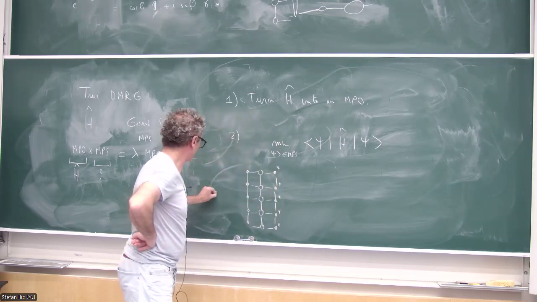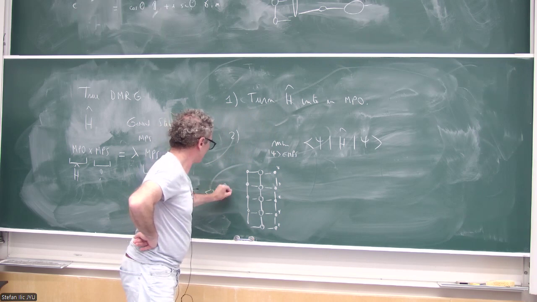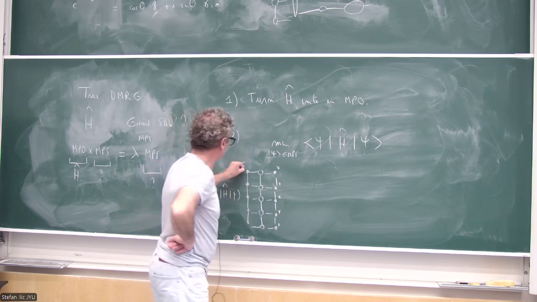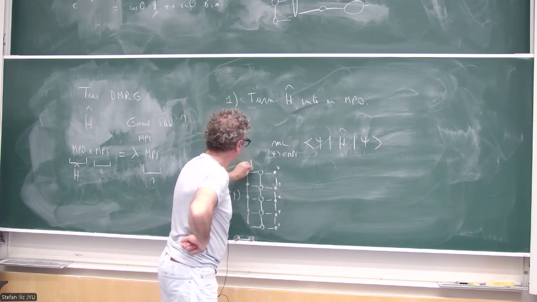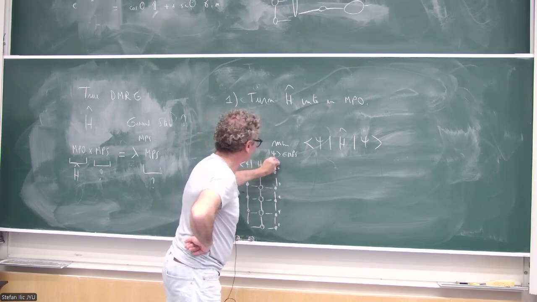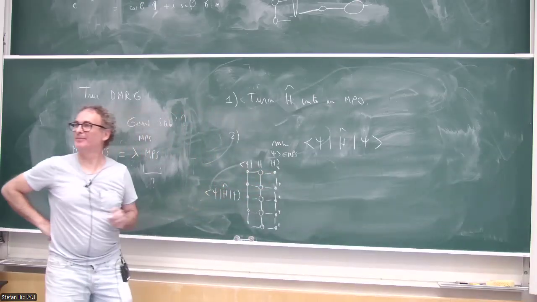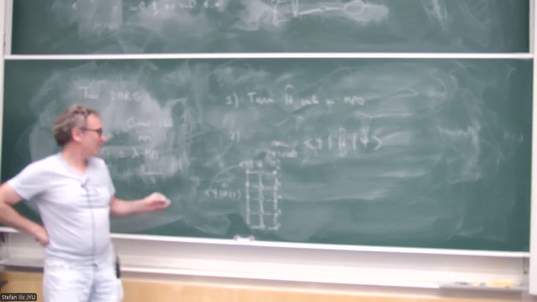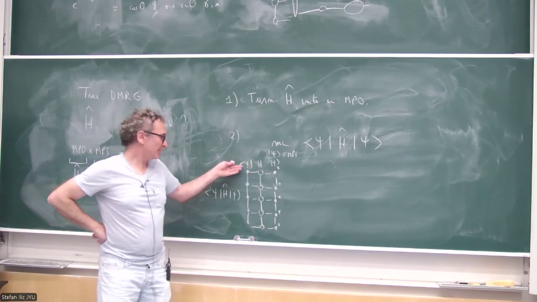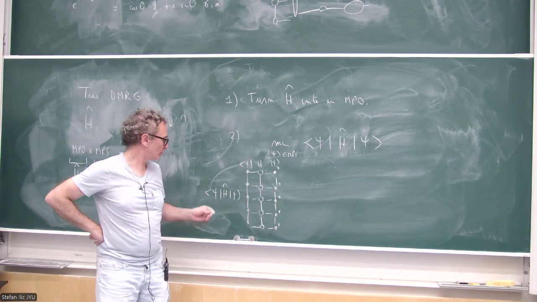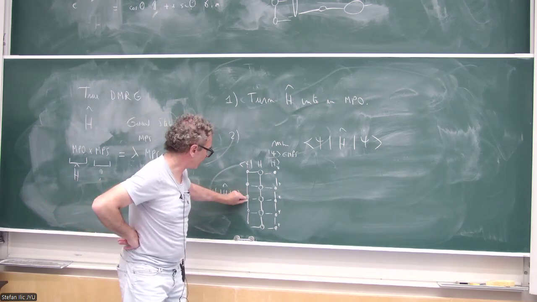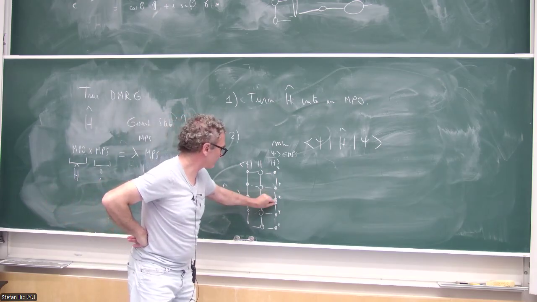Right, so this is psi H psi. Oh, sorry. I should have put the stars on the other side. So you see that in terms of my tensors, it's a quadratic form. For instance, this tensor appears twice, here and here.